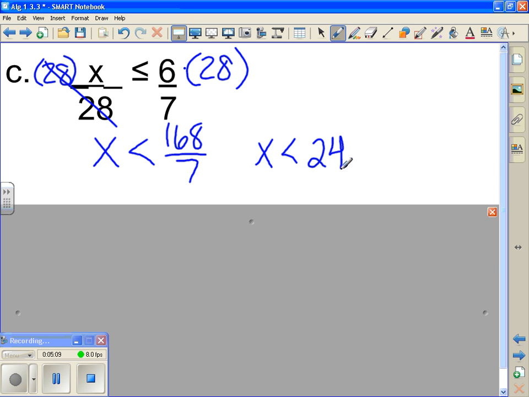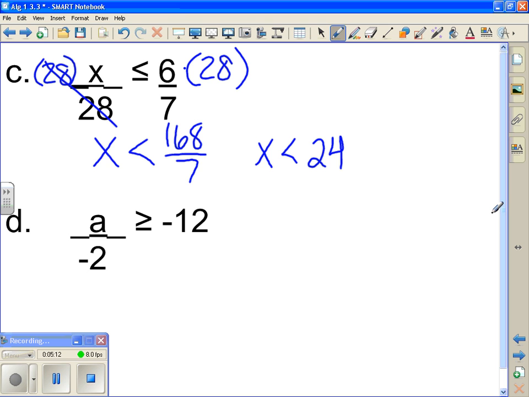All right, last one of these, and then we'll move on. Please solve D. I'll give you 1 minute to solve D. Okay, 10 seconds.